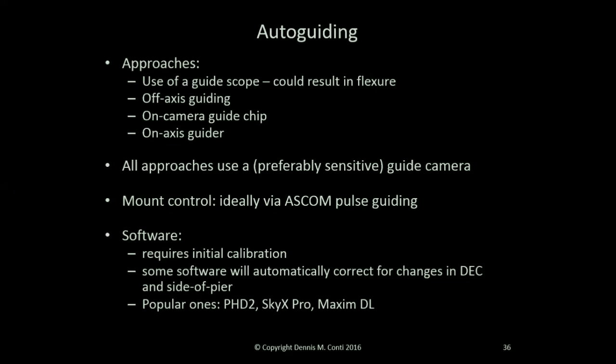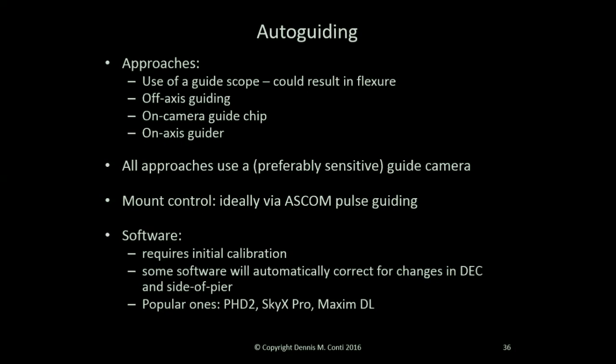And finally, there are a number of different auto guiding software products. Each requires some initial calibration to obtain the relationship between the guide camera and the RA and Dec directions, so that any corrections that are going to be made to the mount can be computed from the orientation of the guide camera.